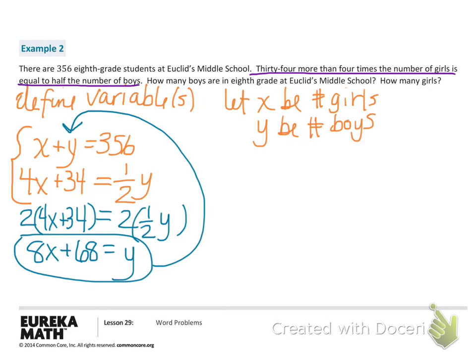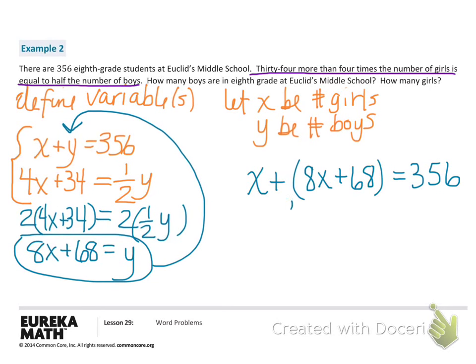So now I have an equivalent equation, and I'm going to use this to substitute right in here. So this is x plus y is equal to 356. So instead of y, I'm going to put in 8x plus 68. Because that's equal to y. It's the same thing. So now I can simplify this, and I'm going to have x plus 8x, which is 9x, plus 68 is 356.